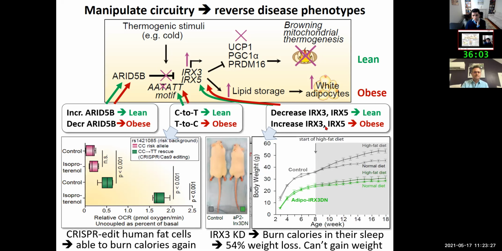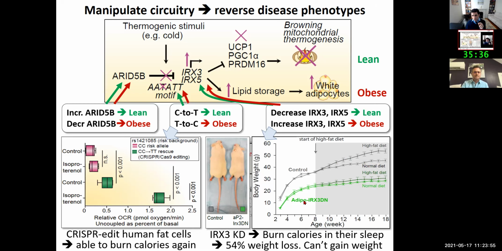In mice, we're able to show that the IRX3 gene, which is shutting down thermogenesis, when expressed from an adipose-driven dominant negative construct, is shutting down IRX3 and then turning on thermogenesis. These mice start out leaner to start with, and then when put on a high-fat diet, the normal mice that are unedited gain weight.